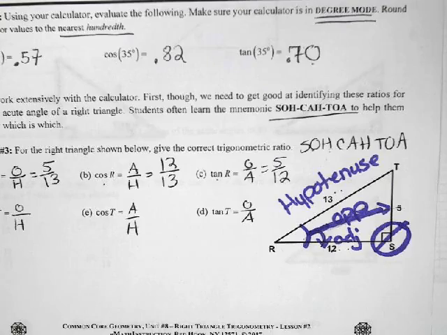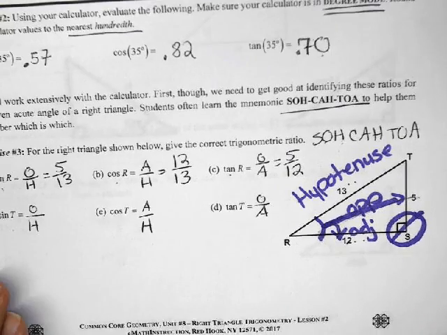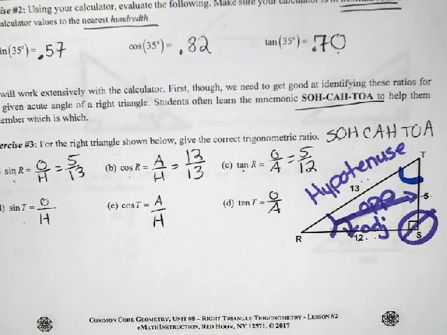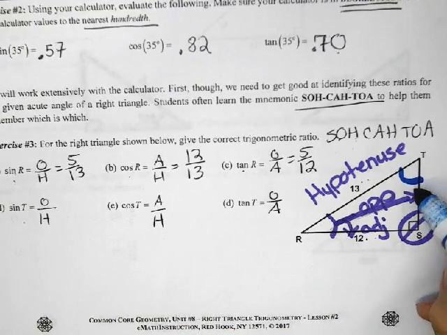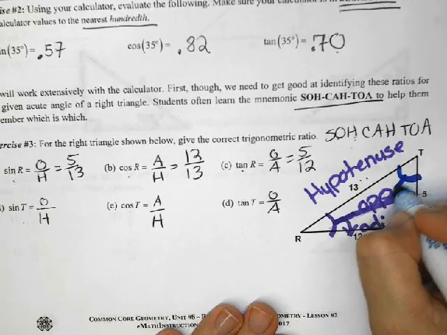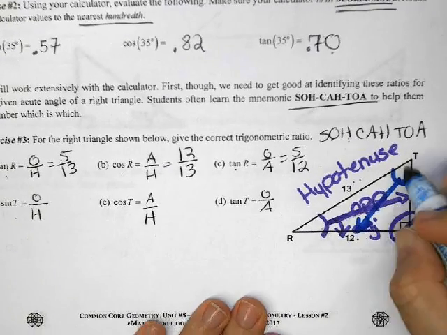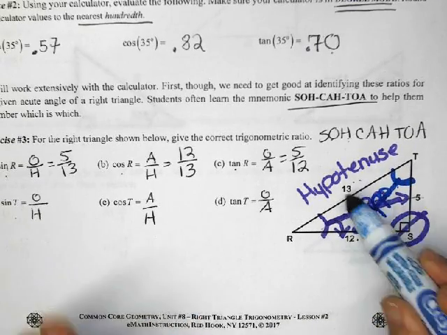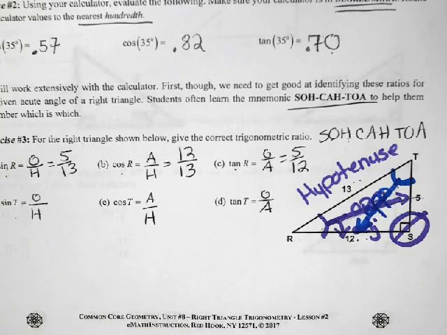Now we're going to switch that. Now we're going to talk about T. So now they jumped us up to here. Now the opposite is over here. This opposite is 12, and is 13 or 5 the adjacent? 13.